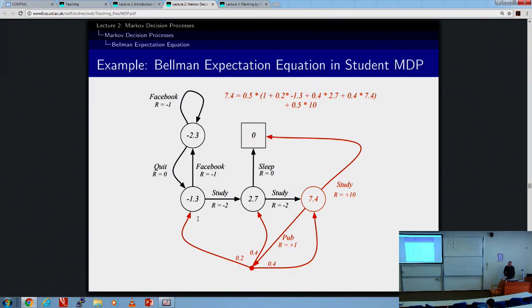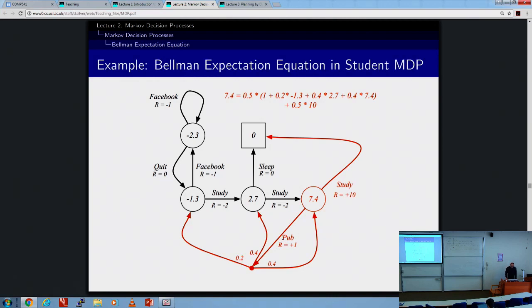So just one example before we move on. How do I know this guy is 7.4, for example? If I know all the other numbers are correct, and this is the last one that I need to solve, how do I know this is 7.4? Well, according to my policy, there is a 0.5 chance that I'm going to study, and 0.5 I'm going to go to the pub, right?